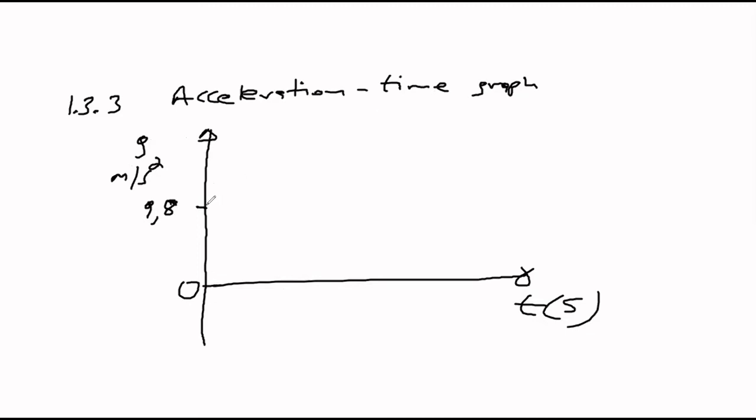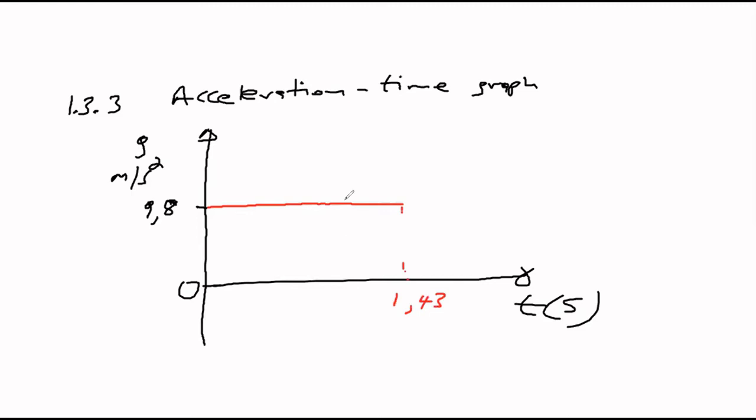Then we can sketch our graph, which is horizontal. Okay, we can even show that when the object hits the ground, the time is 1.43. Okay, that is the acceleration time graph.